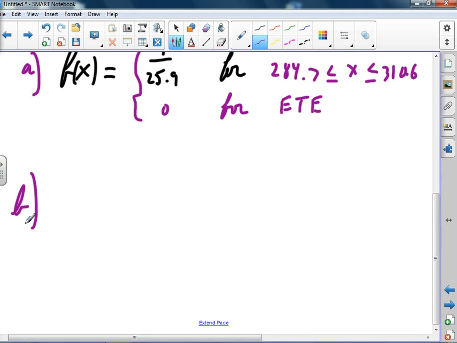B: What is the probability that the driving distance of one of these golfers is less than 290 yards?